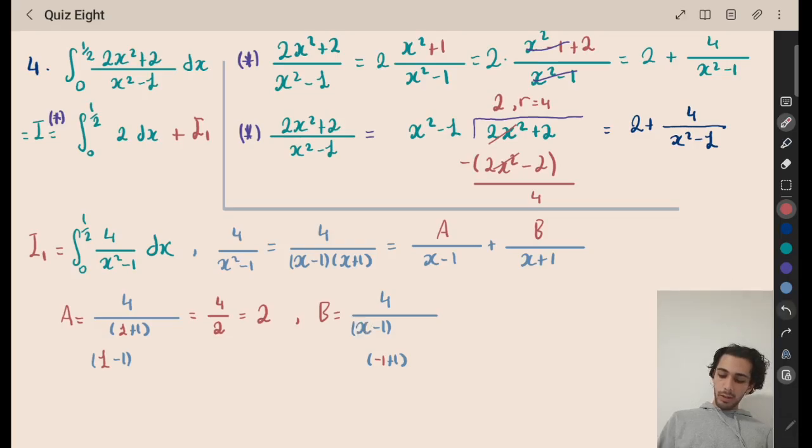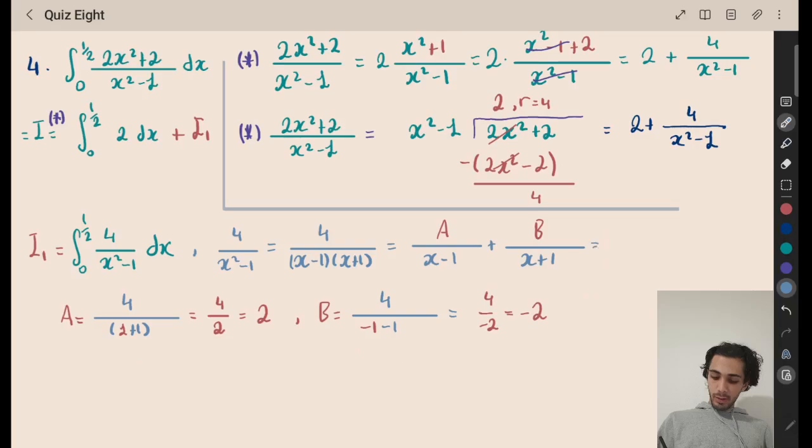And I plug it in here. I get minus 1 plus 1 in place of x, and then minus 1. So this gives me 4 over minus 2, which is just minus 2. So this is how we proceed.